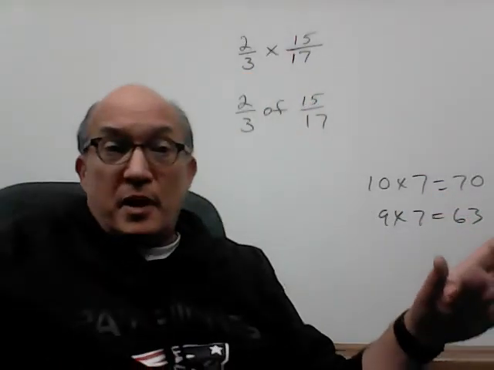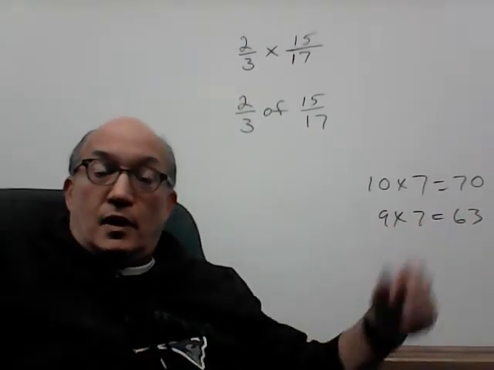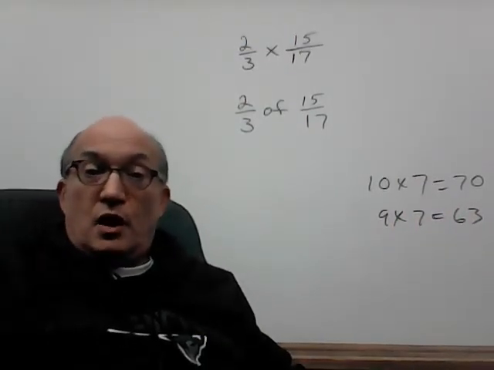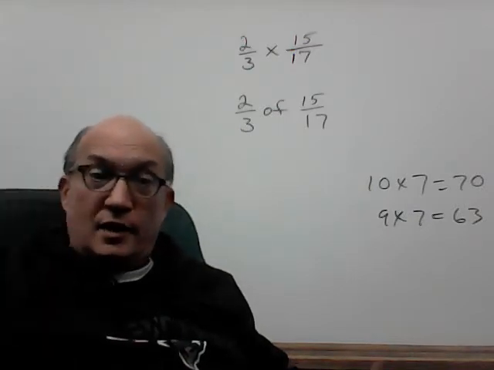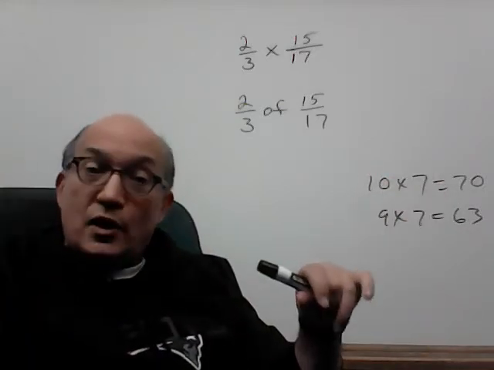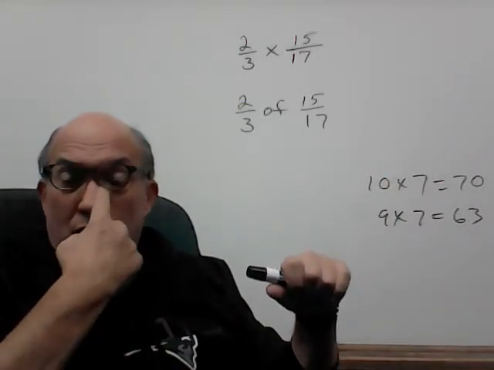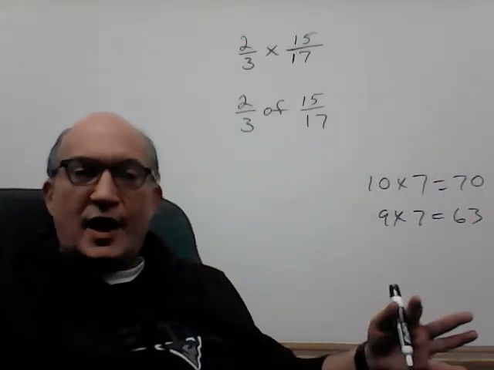And that's wonderful to be able to think that way. But if you're in the middle of multiplying a 3-digit number by a 3-digit number, and you happen to have to do 9 times 7, you don't want to have to go back and think about all this. So you make it automatic that 9 times 7 is 63. And with this fraction multiplication, you're going to be doing that as well.